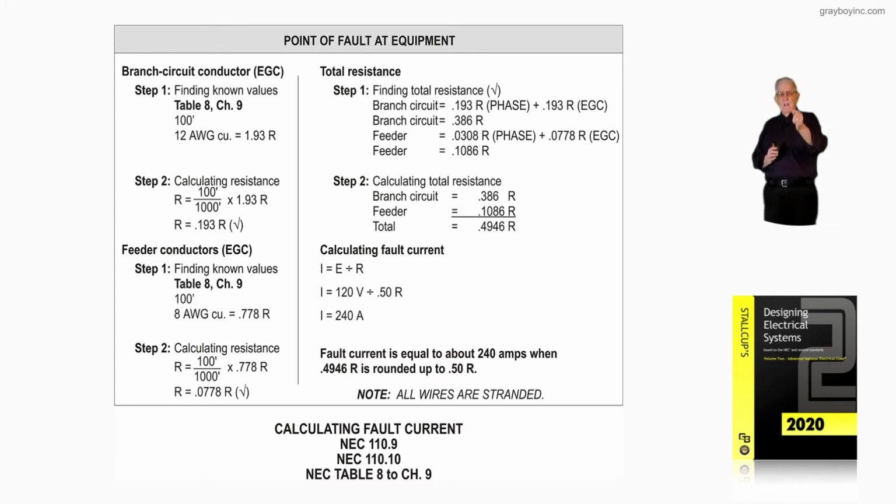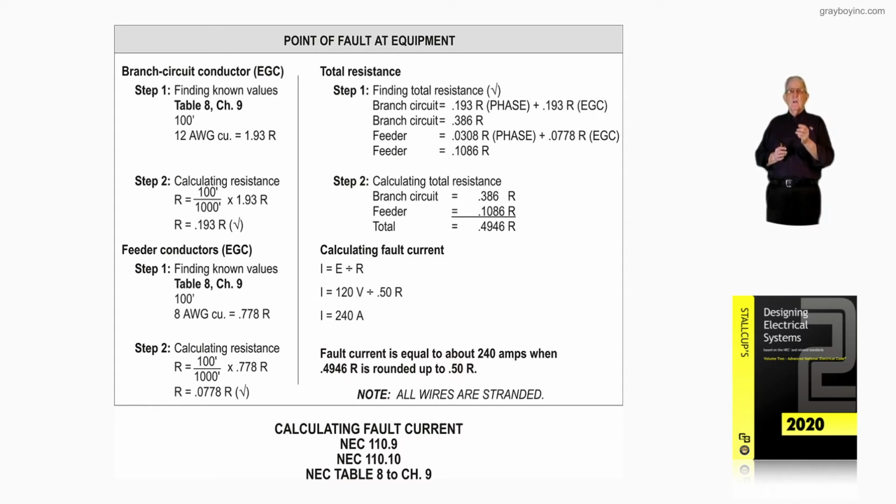Now, notice that's bringing the ungrounded circuit conductors to the point where the fault developed, and the return. That's why in step 2, you get 0.386 for the branch circuit. It's ungrounded going and equipment ground coming back. Same way with the feeder. That's why we got 0.1086 is our total resistivity or resistance.